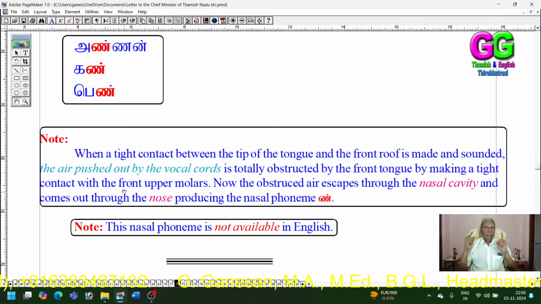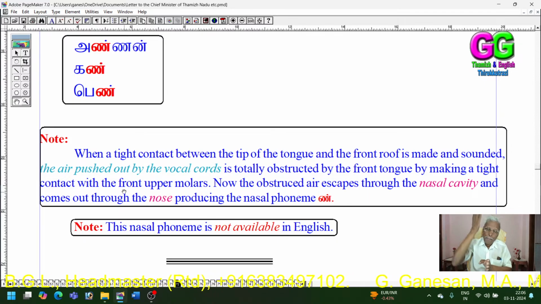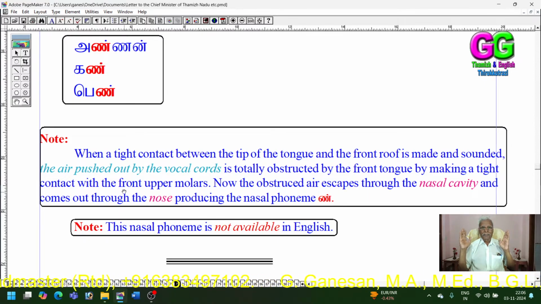So the air is totally obstructed. Now the obstructed air tries to escape through the nasal cavity and comes out through the nose. So this is why it is so in the production of ன.